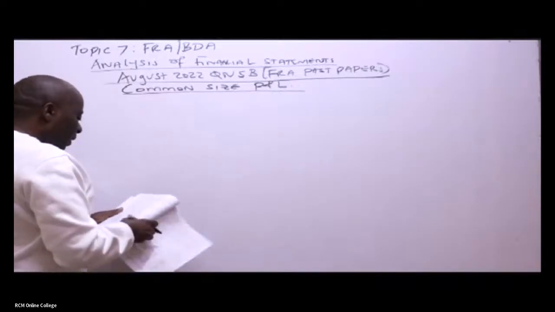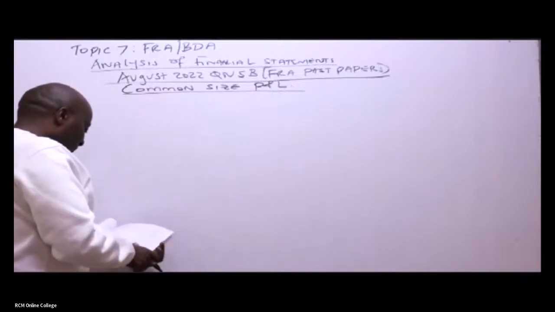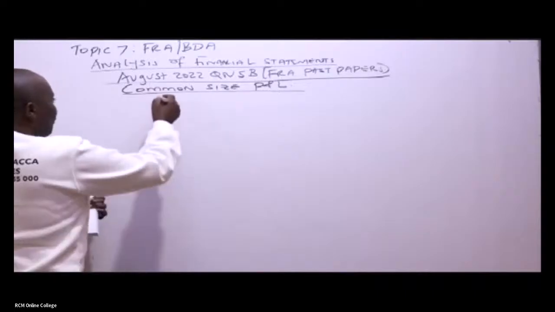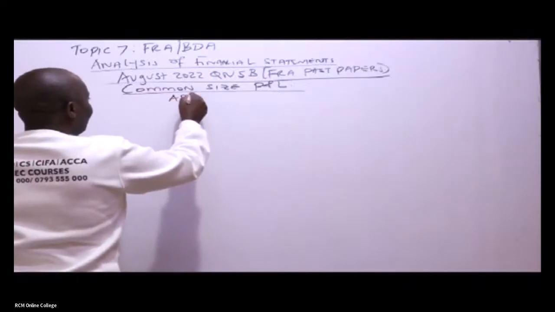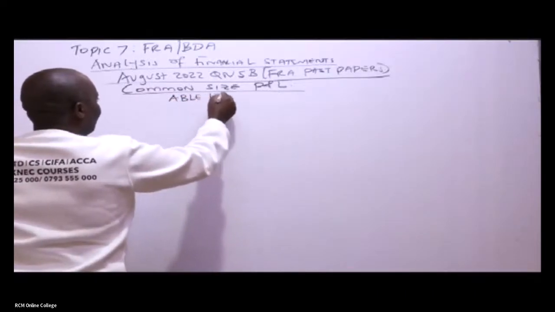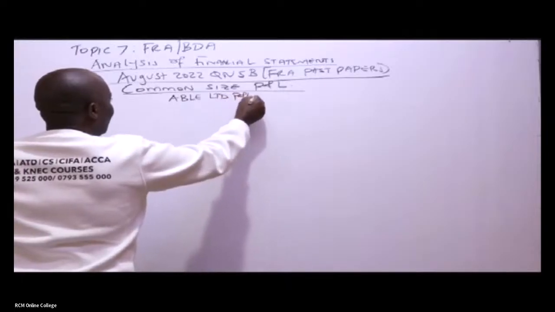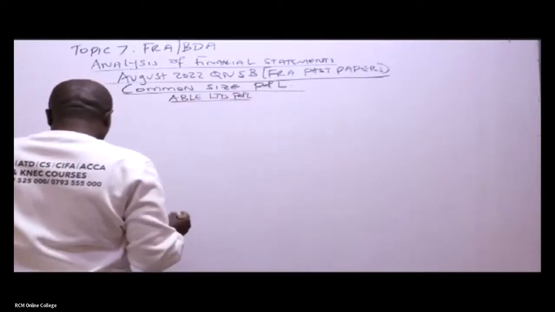So we copy for the first company. We have here AB Limited, P and L for AB Limited.